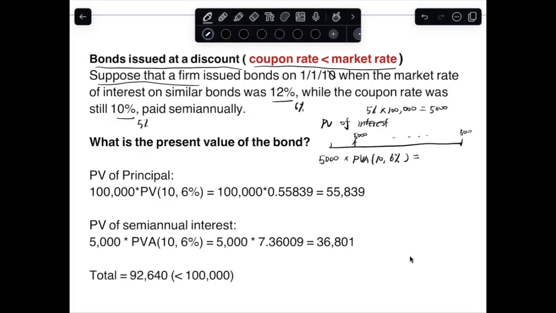So that's equal to 36,801, and the present value of principal. Similarly, 100,000 times PV, you will get 100,000 5 years later, 10 periods later, which is equal to 55,839.